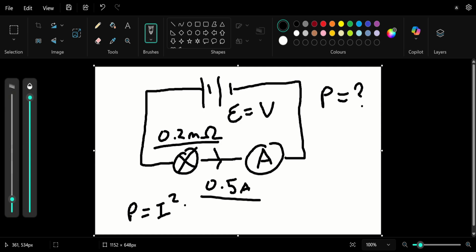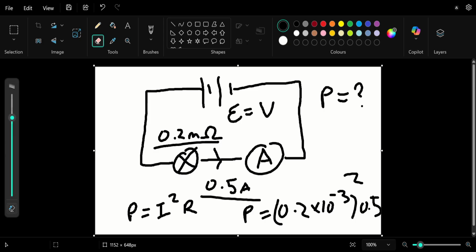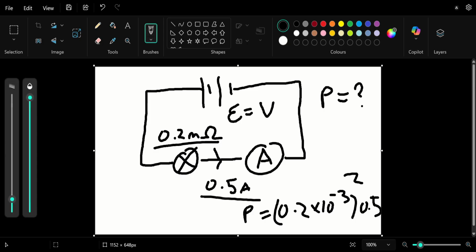Hence we'll use I squared R. Power is 0.2 times 10 to the minus 3 squared times by 0.5, and altogether that'll give us an answer of 2 times 10 to the minus 8 watts.